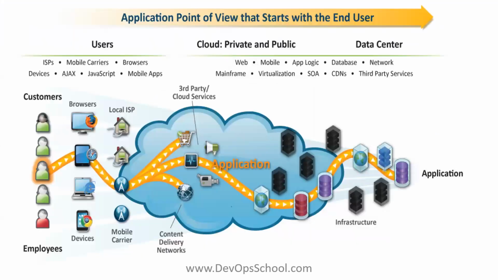Yeah. So I'm just skipping some of the slides because it's too much discussion. Look at this. This slide is very important. So what you need to monitor, look at this.